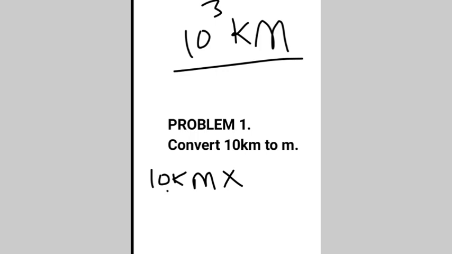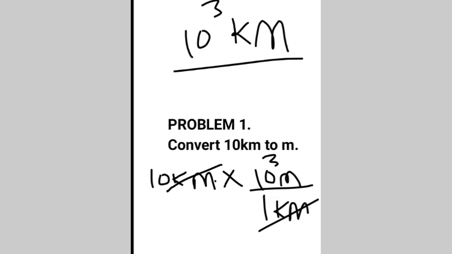Or rather, if you don't want to do that, what we can do is write that 1 kilometer is the same as 10 power 3 meters. We know that. So this kilometer and this kilometer will cancel out, and we are just going to remain with 10 multiplied by 10 power 3 meters.